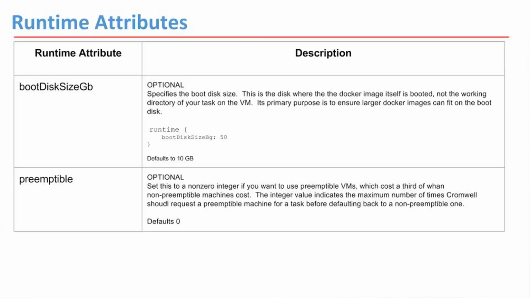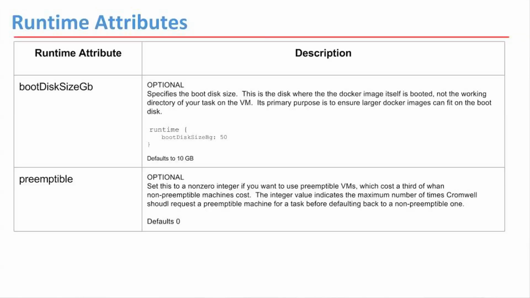And another option is preemptible. This is kind of interesting. You can tell Google Cloud that you want to use preemptible virtual machines. They're about a third of the cost of a standard virtual machine, but you can be preempted. If you're preempted, that means that the work that was done on that machine up to the point of preemption is lost.